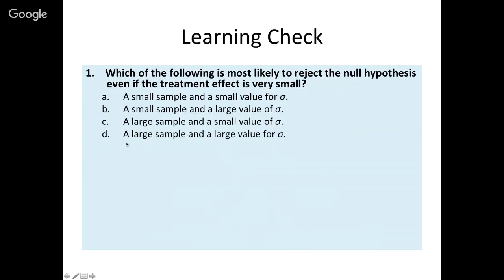So a bigger sample and a small variability are good for rejecting a null hypothesis. So here, with a large sample and a small value of sigma, we are more likely to reject the null, even if the treatment effect is very small, if we have a large sample and a very small variability. So C is the correct choice.